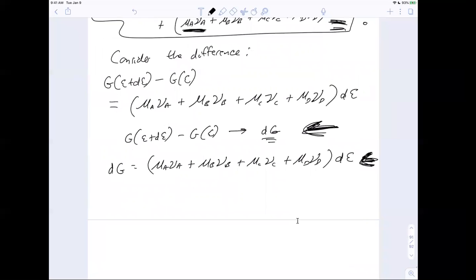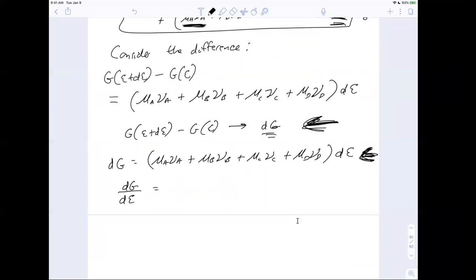And so now we can take the d epsilon to the left, and what we have here is dG/d epsilon equal to the stoichiometric coefficient of A times mu sub A, plus and so on.